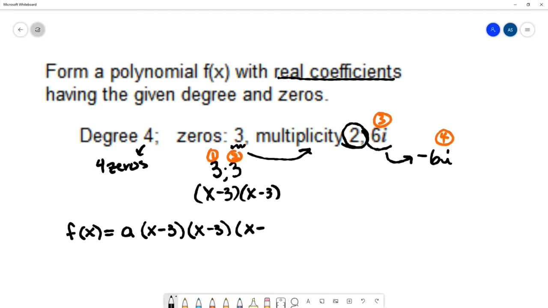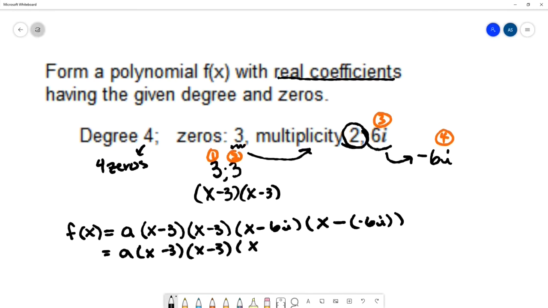And then we have 6i being a zero, so x minus 6i is a factor. We have negative 6i being a zero, so x minus negative 6i is a factor. So we found this polynomial that has the zeros that we're interested in.